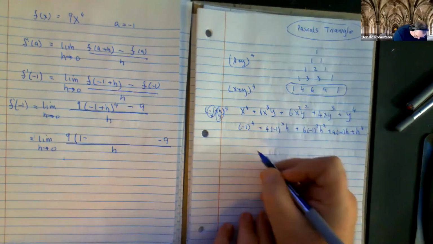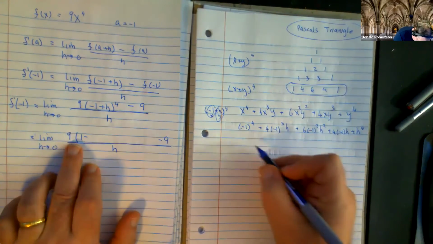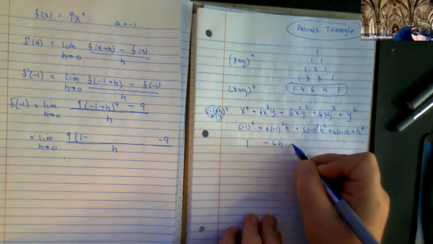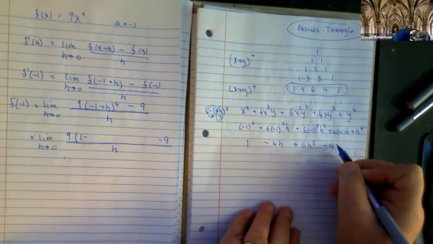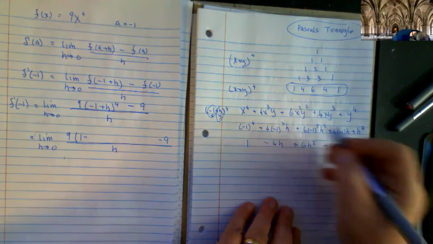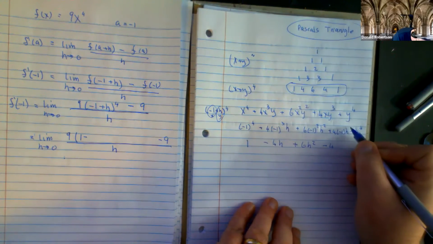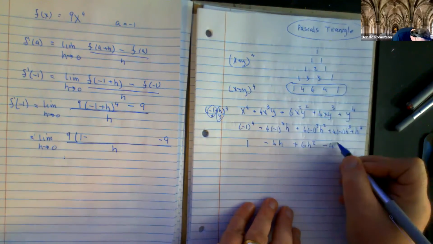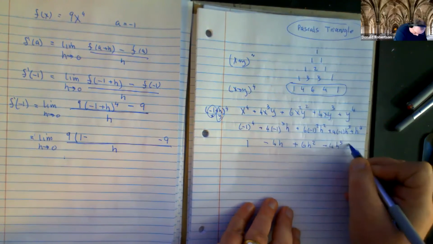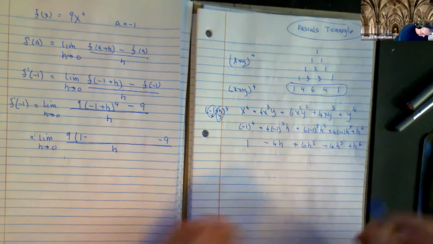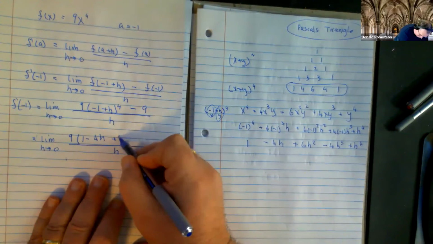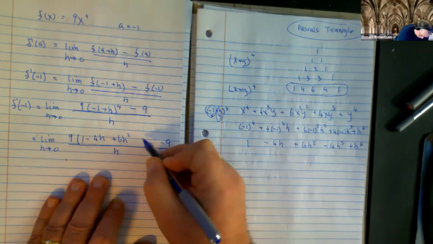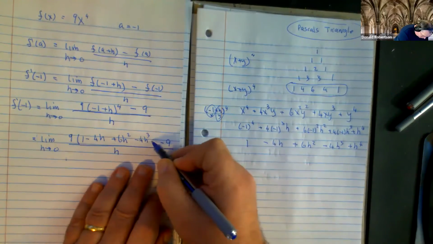And so a 1, -4h, plus 6h squared, take away 4h cubed, and add an h to the 4.